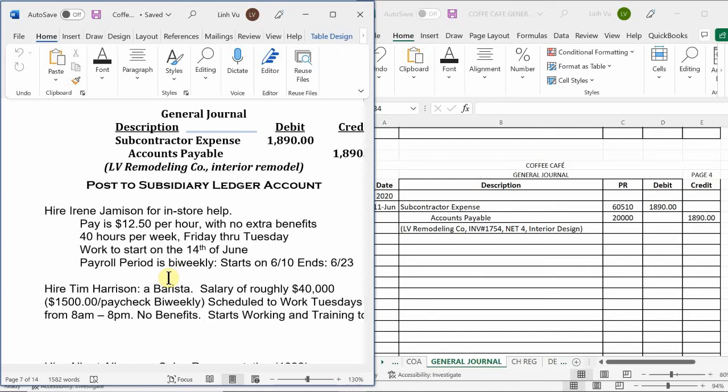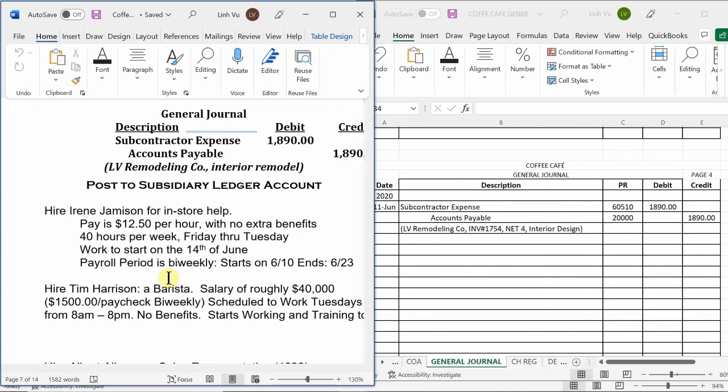So what do we do with Irene? Do I need to journalize her? Yes or no? No. No, we haven't paid her yet, right?